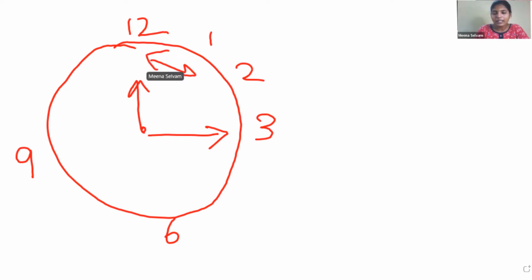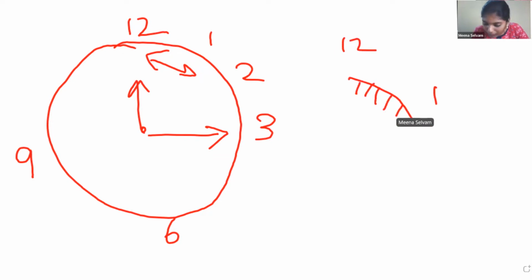You know that this clock itself has 60 minutes, right? Between 12 and 1, you will have 5 divisions. When it is 12, 12:1, 12:2, 12:3, 12:4, 12:05. Between each number you have 5 divisions.